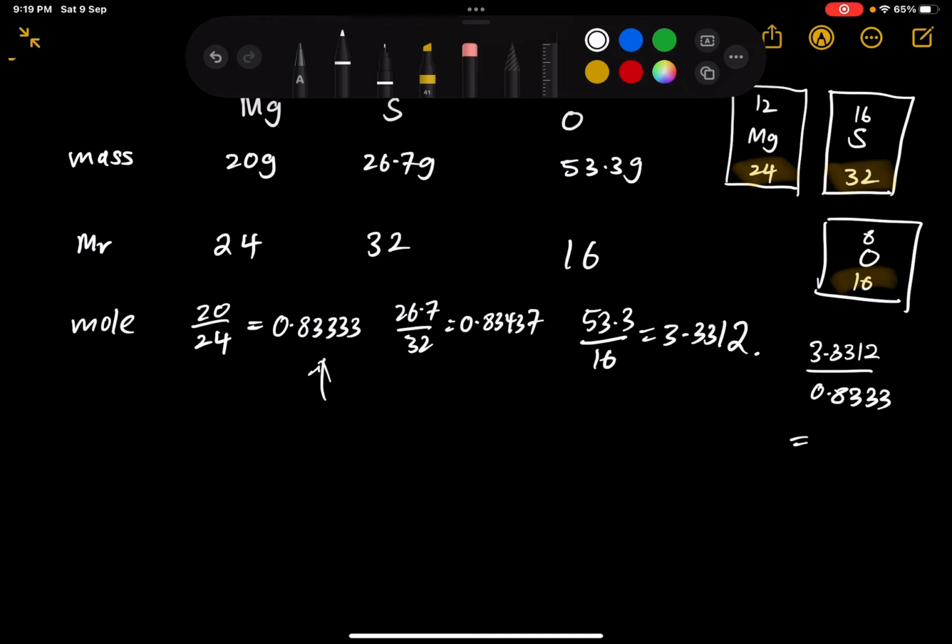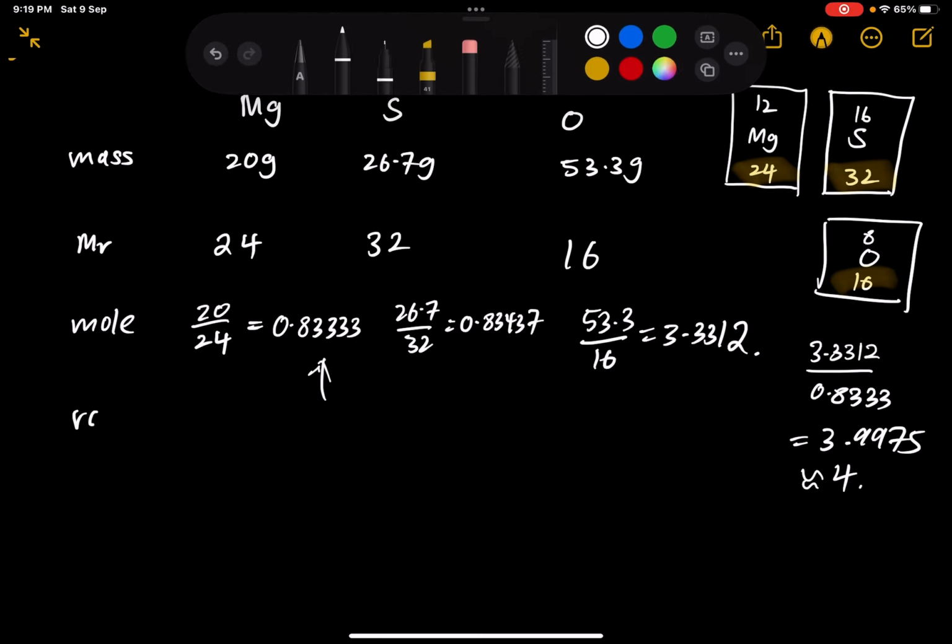You press calculator, you give me 3.9975, which is very close to 4. That means the ratio will be 4 here.